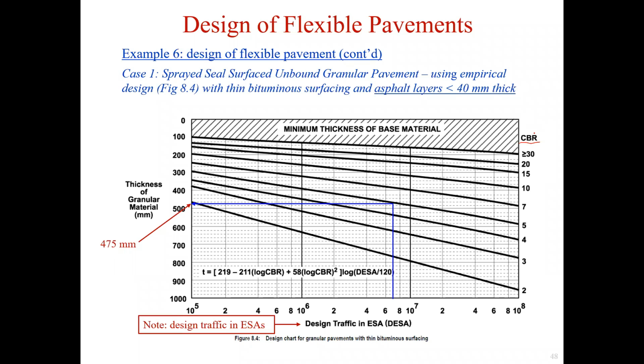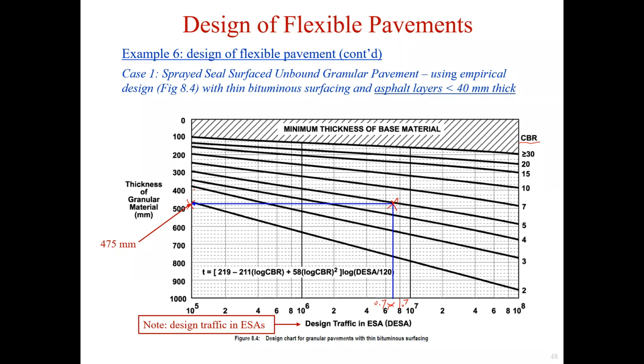For this example here, the subgrade has a design CBR of 5, and we had a design traffic loading DESA of 0.7 times 10 to the power of 7. So we are able to find the corresponding thickness of granular materials overlaying the subgrade as 475 millimeter.